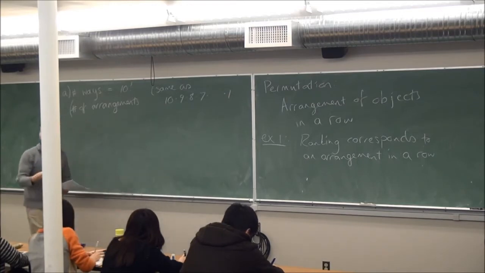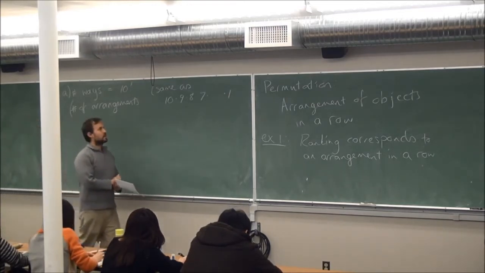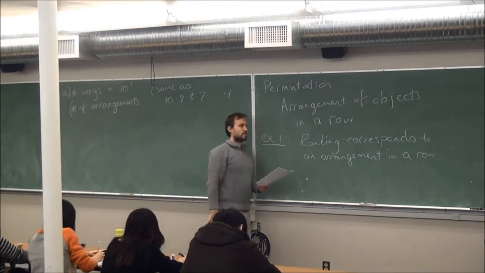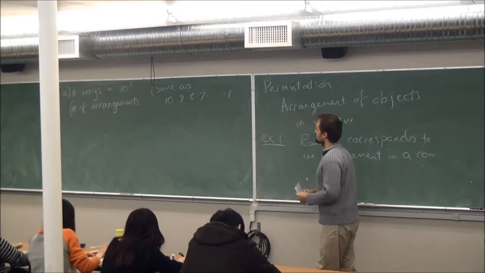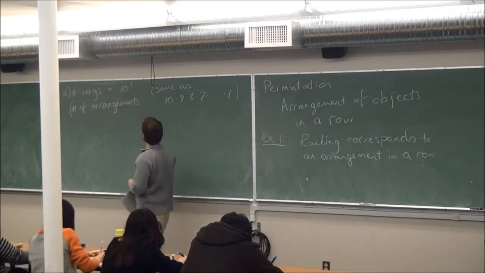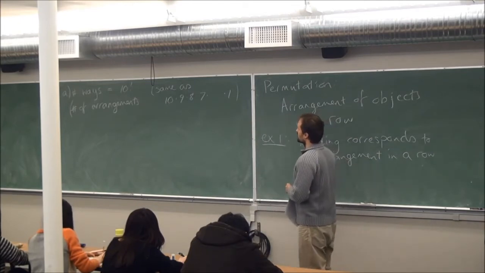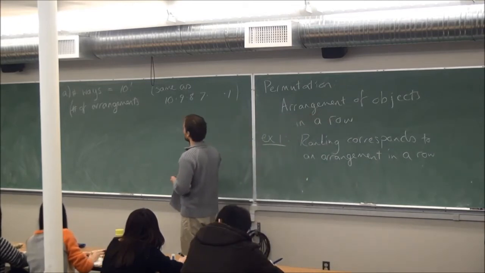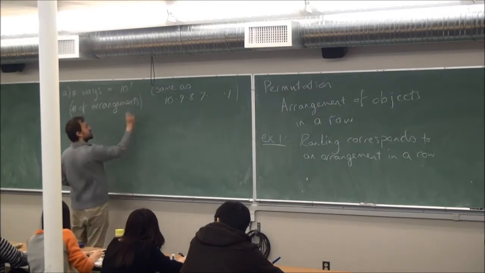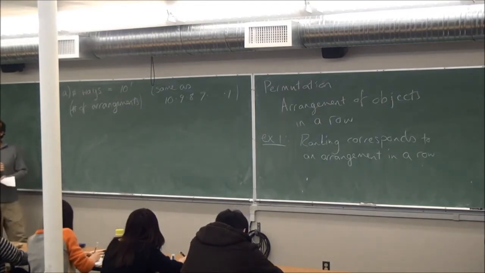Because I have 10 choices for the first position, 9 choices for the second position, and so on down the line until the last position. But I want to start getting used to this. Factorial. It's the same thing. So how many ways can I arrange 10 people, 10 things? 10 factorial ways. Any questions on this factorial exclamation mark business?